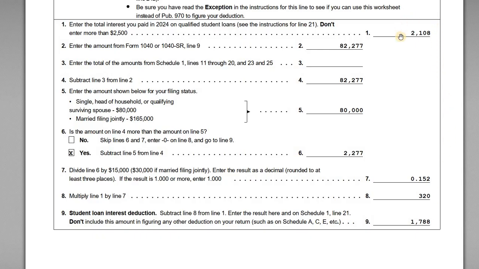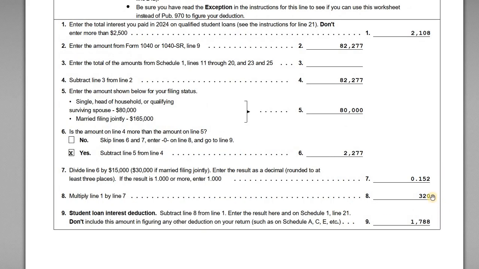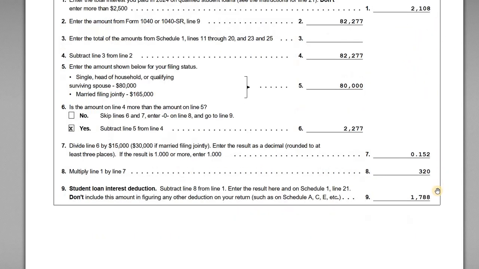So we're multiplying the total we paid times the factor, and we're left with $320. Now for the student loan interest deduction, we subtract line 8 from line 1. So we're taking $320 and we're going to subtract that from $2,108. And the difference we have now is $1,788. So this is the amount of student loan interest that we can deduct.